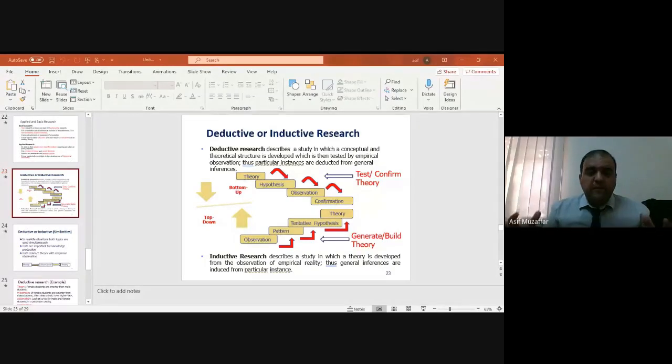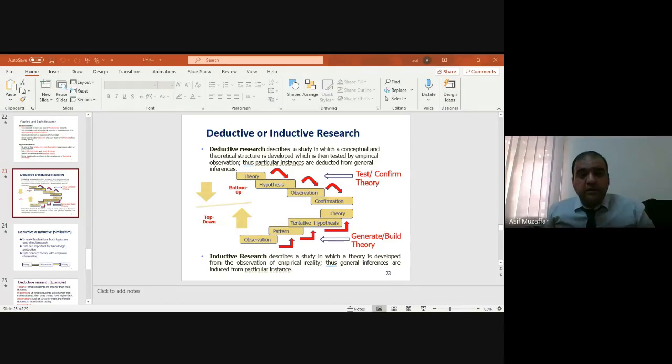Many hypotheses will combine to make a theory. My theory is culture is a very important determinant of e-learning. I'm saying this, I will prove it with my research. So I am actually testing or confirming a theory. So deductive approach is about testing or confirming theory. In other words, in deductive approach, you will test the hypothesis.